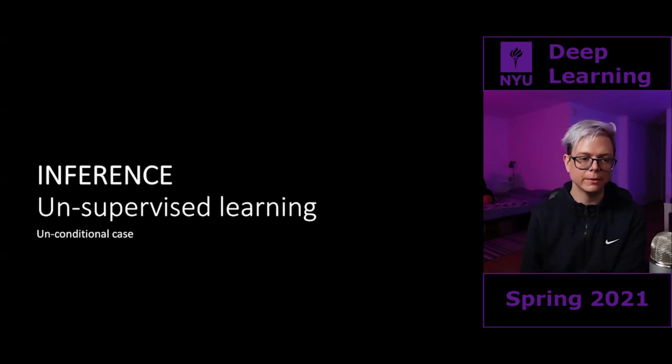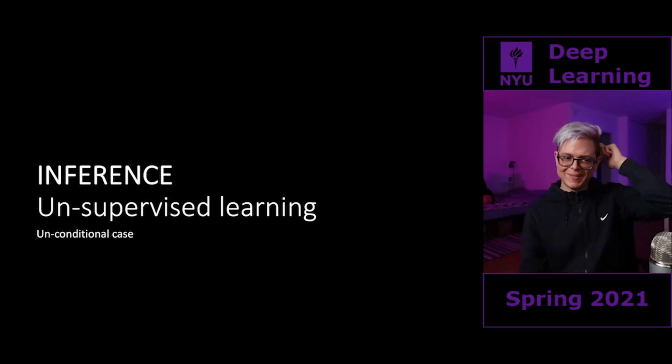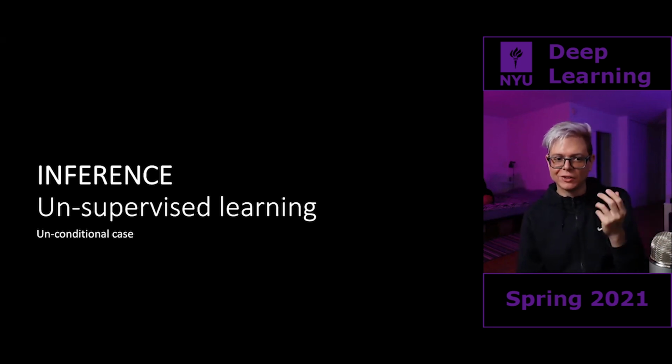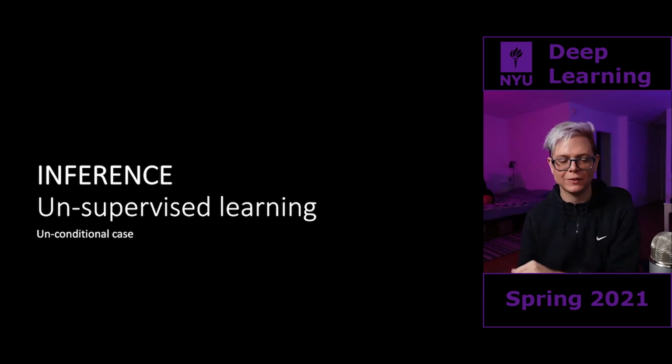This first chapter is going to be, again, inference, and it is unsupervised learning. In this case, we won't be using labels, right? Or actually, we won't use the conditional case. So let's figure out what this means.